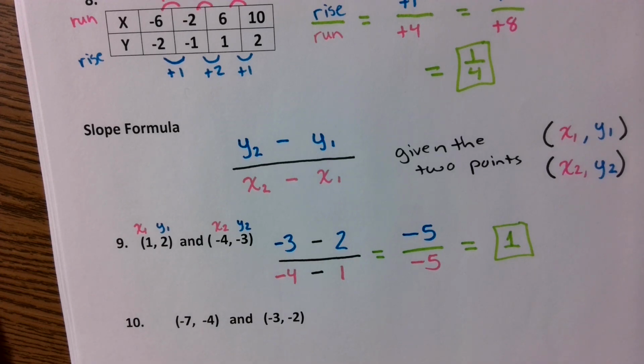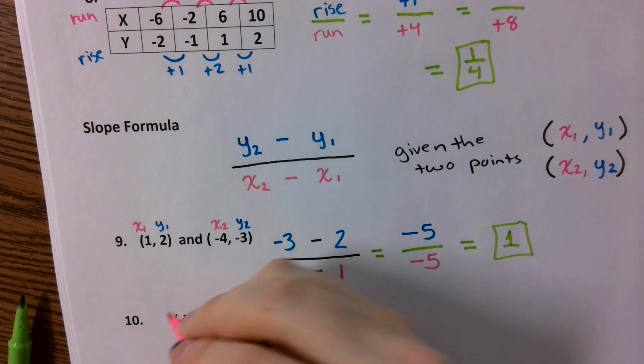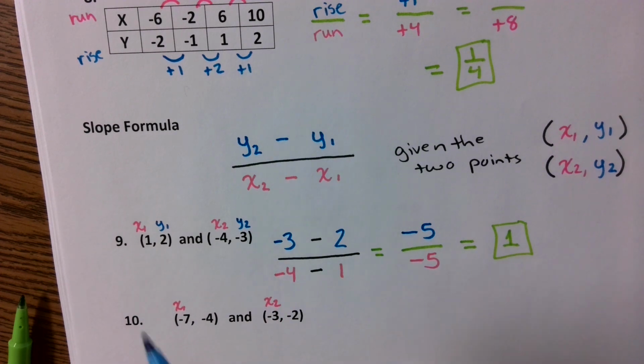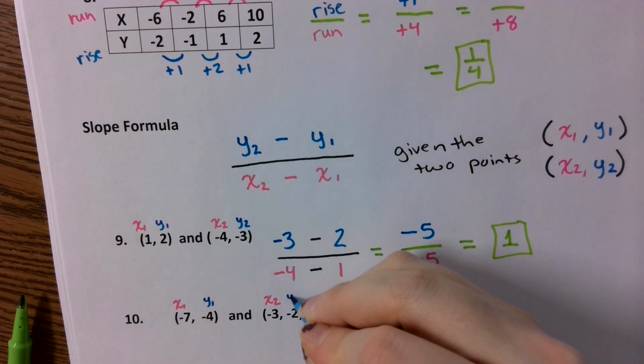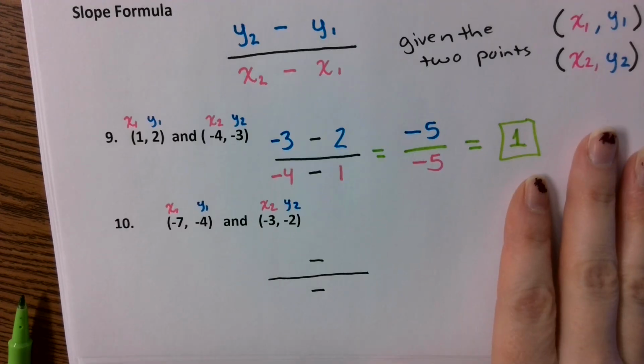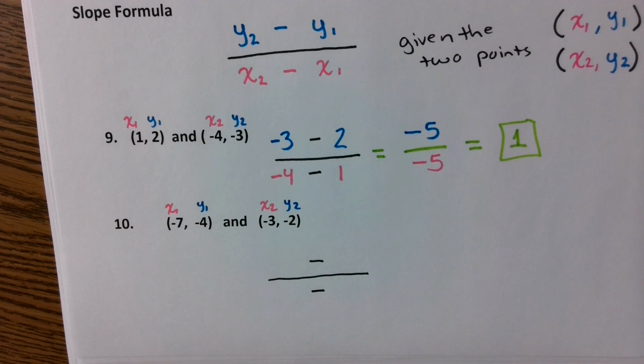What did you guys get? 1/2. Good. So if we're taking a look. Okay. So again, this could be my x1, this could be my x2, this would be my y1, this would be my y2. So then I'm just going to subtract. Y's go on the top, x's go on the bottom. Y's have to go on top, x's have to go on the bottom.